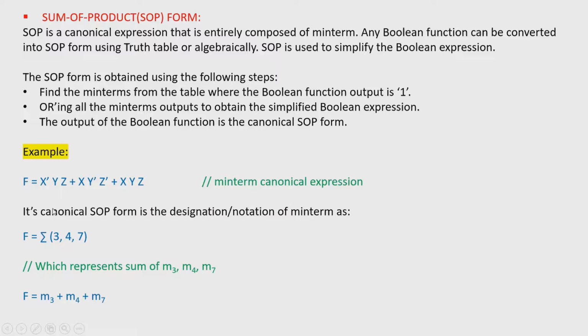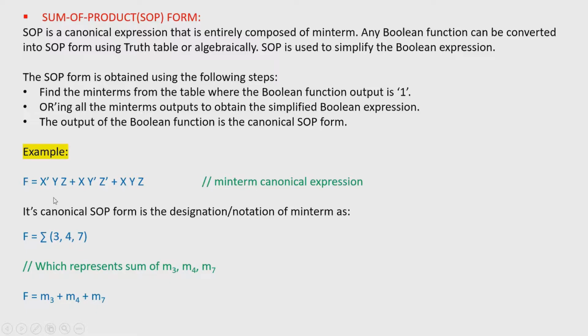Now the canonical SOP form can also be further shown in terms of the designation or the notation. Right, so in terms of the notation, you can see that here f equals to, so this represents the sigma, to represent the sum of product symbol sigma, and then here we are writing down the decimal designation, that is the index 3, 4, 7.